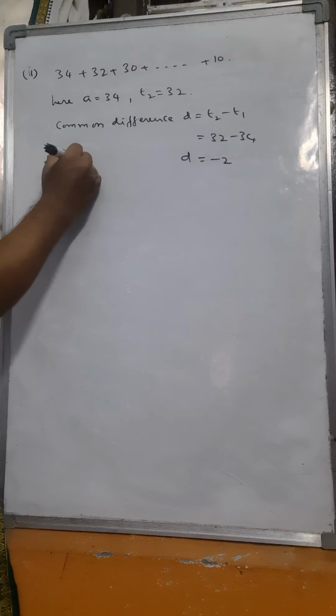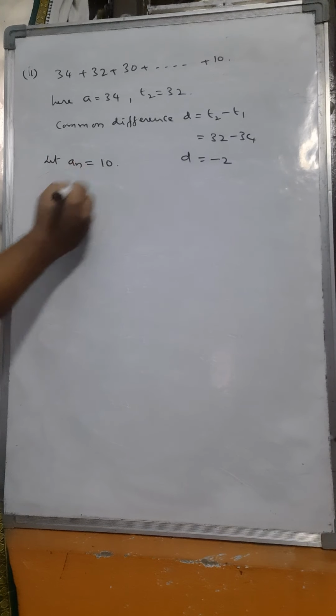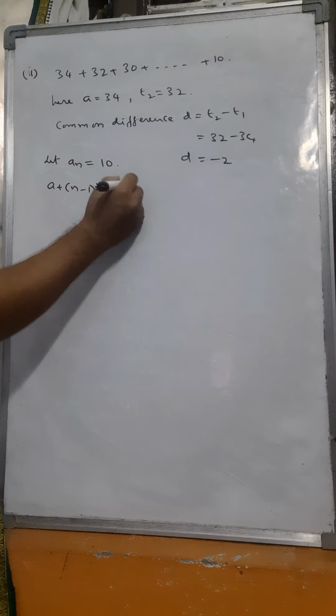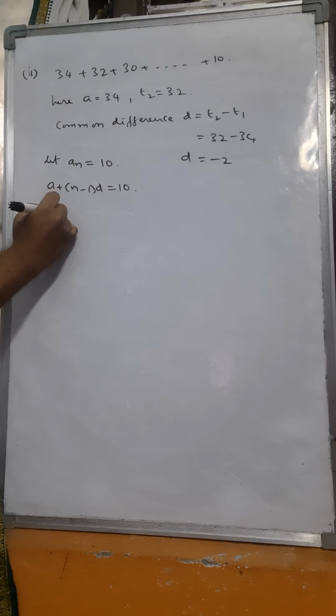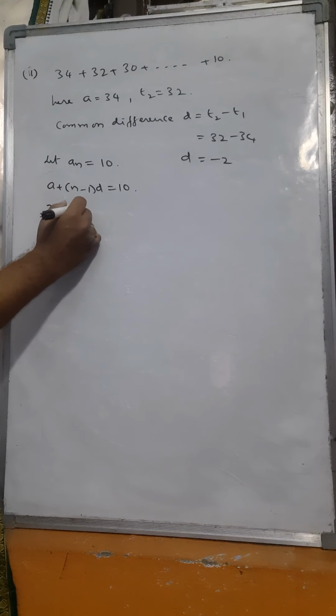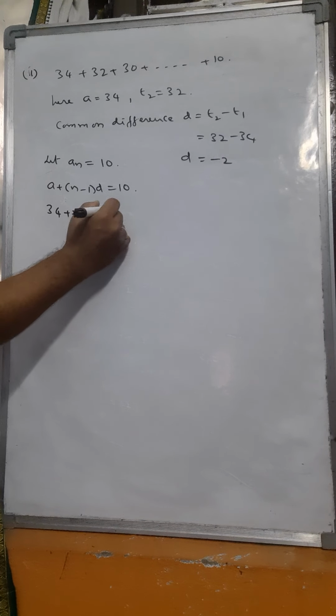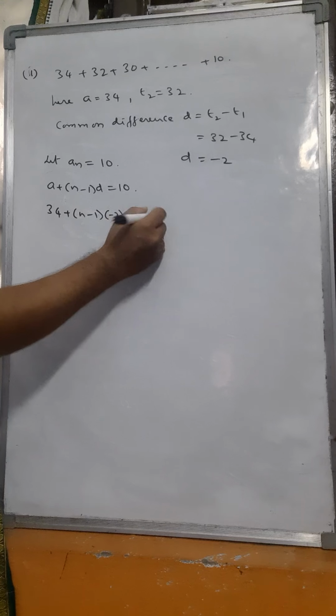Let an is equal to 10. an means a plus (n minus 1) into d is equal to 10. a means 34, plus (n minus 1) into d, d means minus 2, is equal to 10.